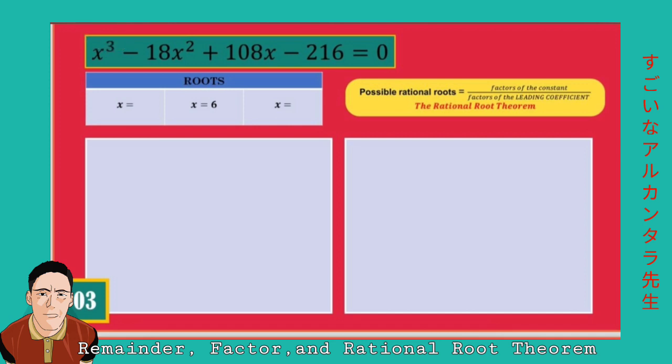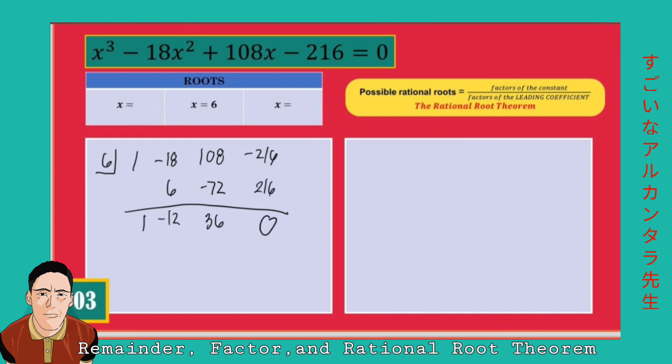So again, if we try this out, let's see if it's multiplicity. So let's do synthetic. We have 1, negative 18, 108, negative 216. Continuing, 1 times 6, 6, negative 12, negative 72, 36, times 6, 216, you get 0.